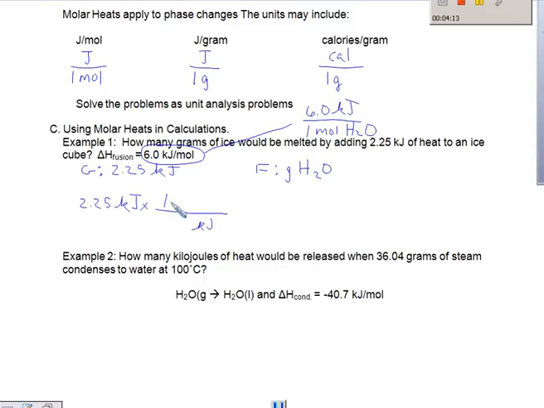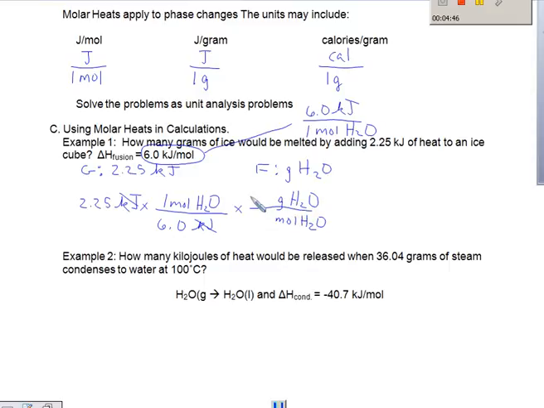So for 1 mole of water to melt, we are going to need 6.0 kilojoules. So we've gotten out of kilojoules, we're to moles of water. We need to get to grams of water. So we're going to bring moles of water down and convert that to grams of water. To do this, we will use the periodic table.